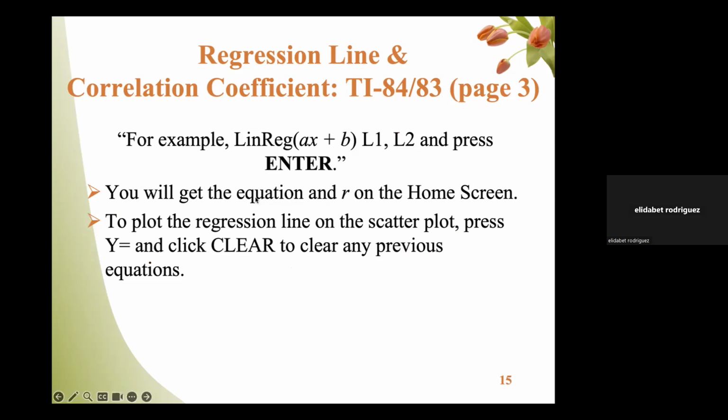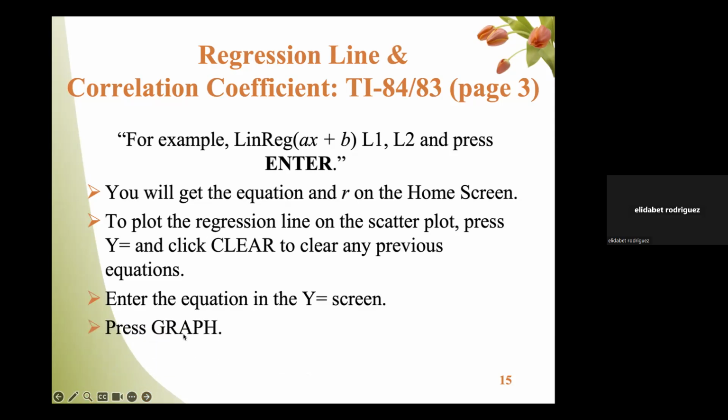Okay. Then I quit my home screen. I click the y equal window, which is one of the first gray keys on my calculator. Then on Y1, if I have any equation, I clear it. If I don't have anything, then I write the value of A, then X, then plus B. I'm going to show you in a minute how it works. Enter the equation in the Y equal screen. Then you click graph and you will see your line.